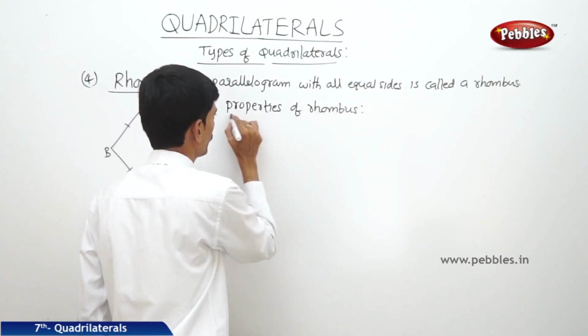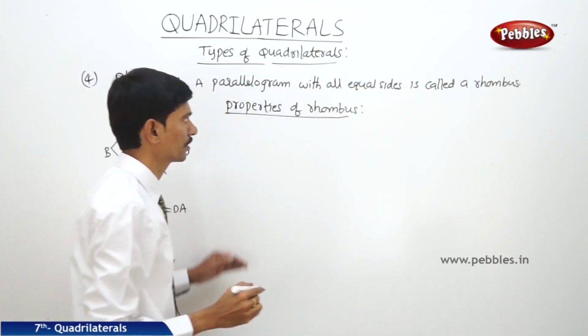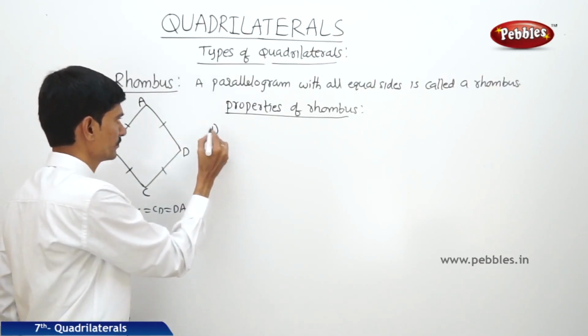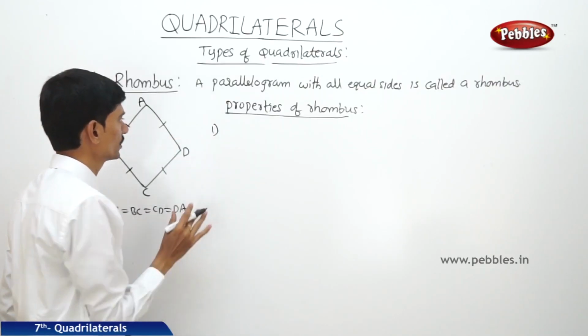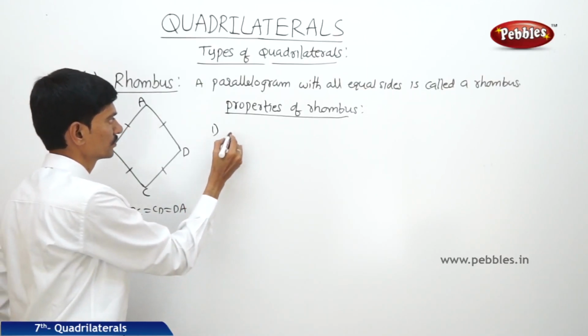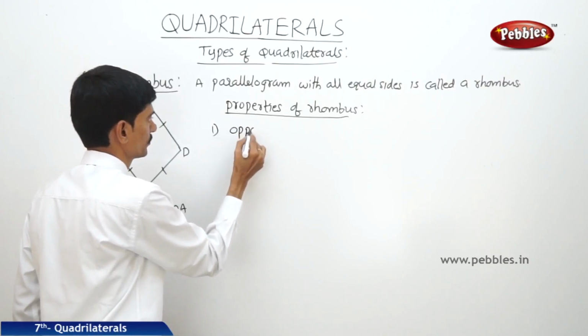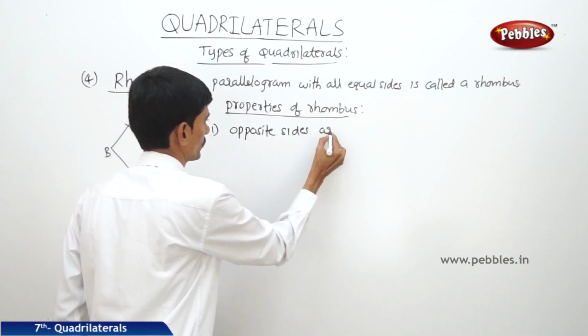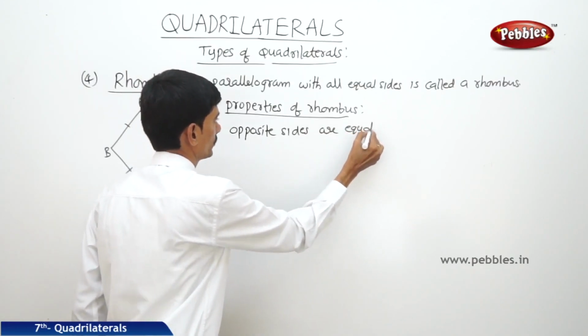So as it is a parallelogram, all the properties of the parallelogram will be applicable in case of rhombus also. So all the opposite sides are equal and the opposite angles are equal. Opposite sides are equal.